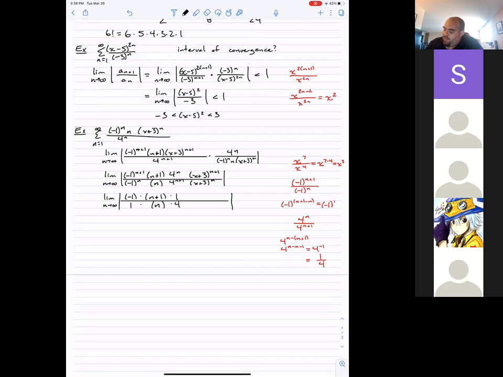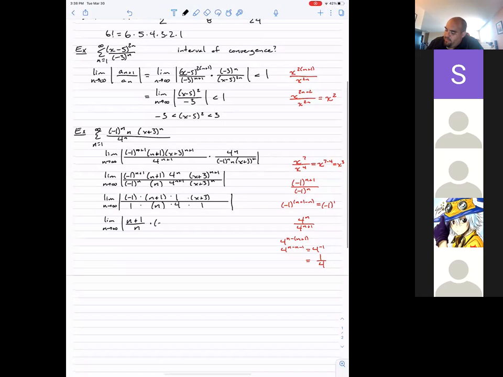And then finally, the x plus 3, for the same reason as the -1, I'm going to have x plus 3 in the numerator and 1 in the denominator. So my limit here is going to be, and we're doing absolute values, so that -1 is going to become 1. So really what I have left is this, n plus 1 over n times x plus 3.